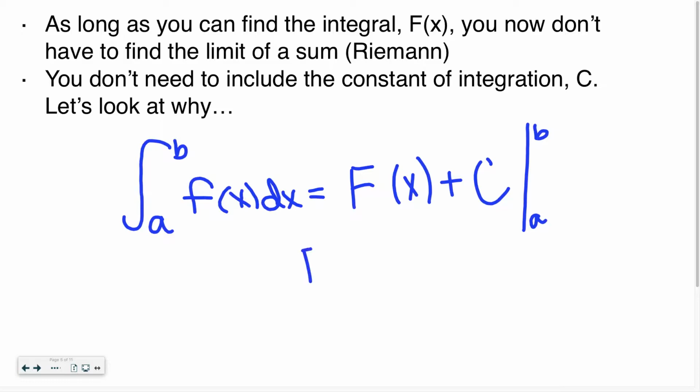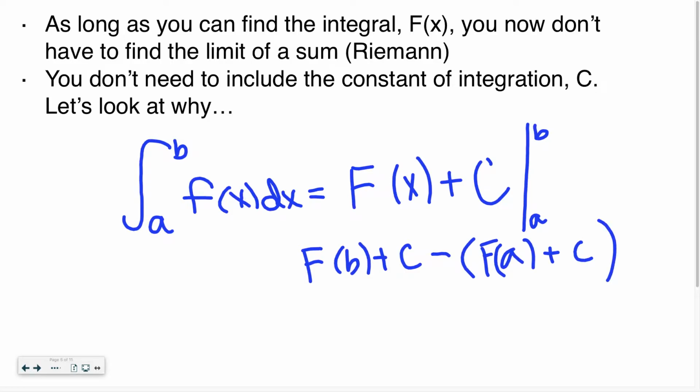So if you take f of B plus C and then you subtract f of A plus C, what happens? Those plus C's cancel out with each other. So if you have a definite integral, you do not need to worry about your plus C, because they're going to go away when you evaluate it.